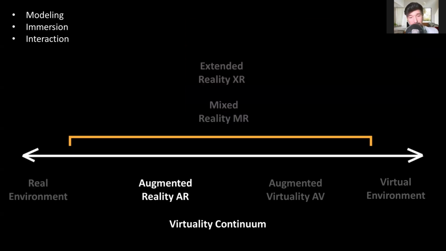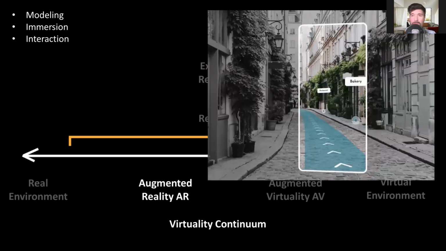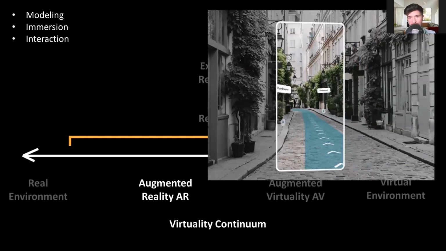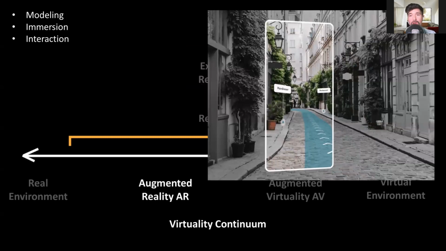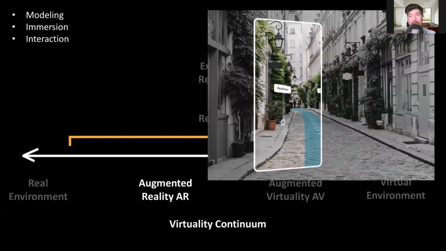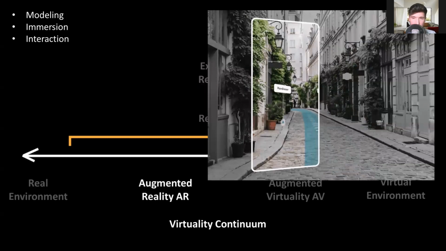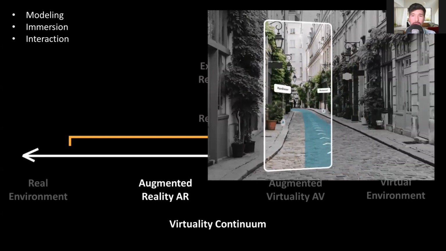So the augmented reality part then has to have a certain amount of model parts, but is immersion and interaction an important aspect here? So if we take a look at this, we have, for example, our phone, and we are taking a look at a real world environment, and we are getting information as to what something is and where something is. So we are getting directions to where we should go and what something is around us.